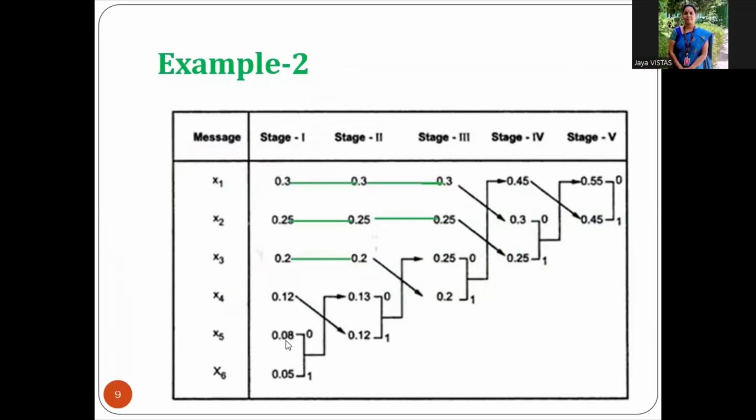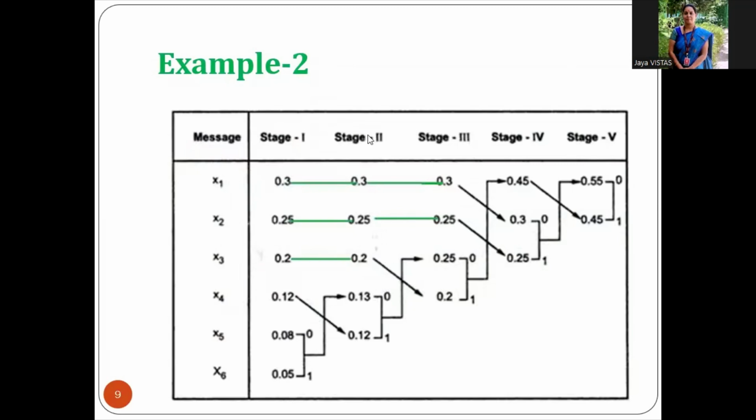Then we combine the least two probabilities and assign 0 to the uppermost one and 1 to the lowermost one. Then add these two probabilities, 0.08 plus 0.05 is 0.13, and move it to stage 2.